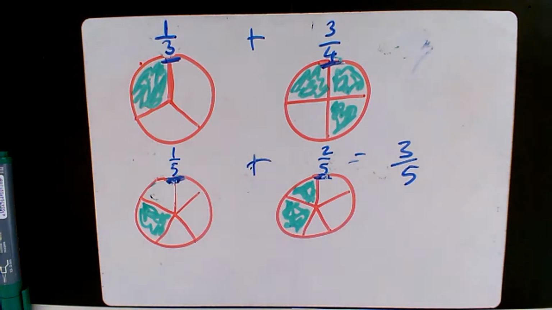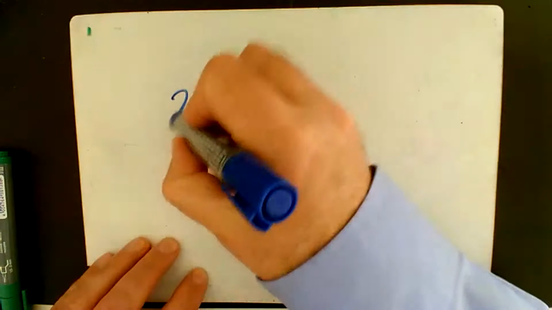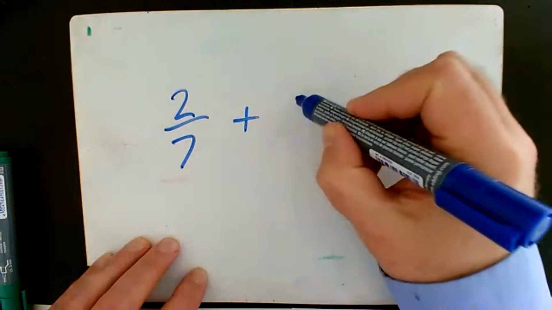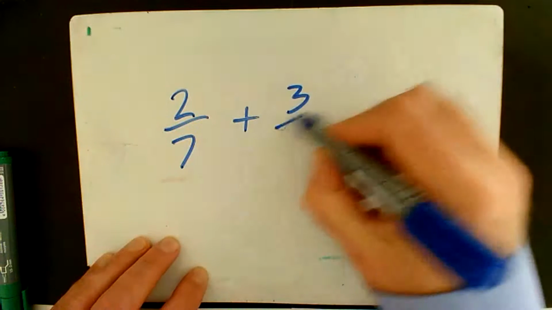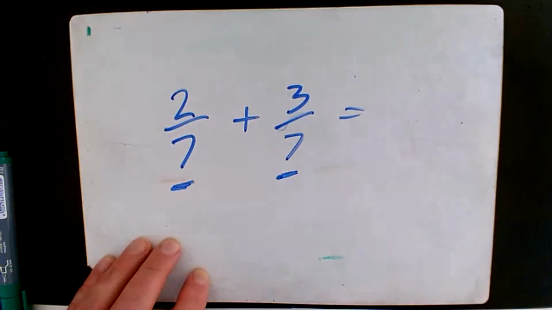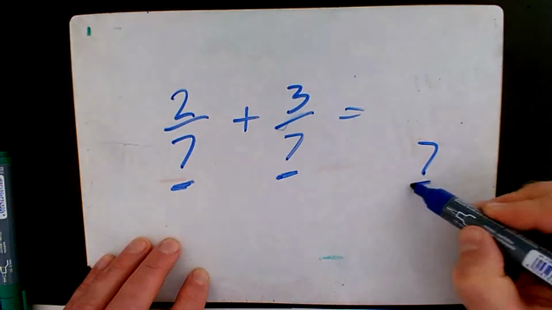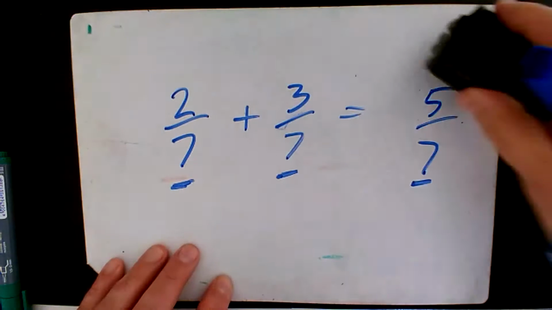Right, so let's give some examples first of all. Let's show how easy that is. 2/7 plus 3/7. Because those denominators are the same, it's nice and easy. My denominator remains the same, and the answer is 5/7.